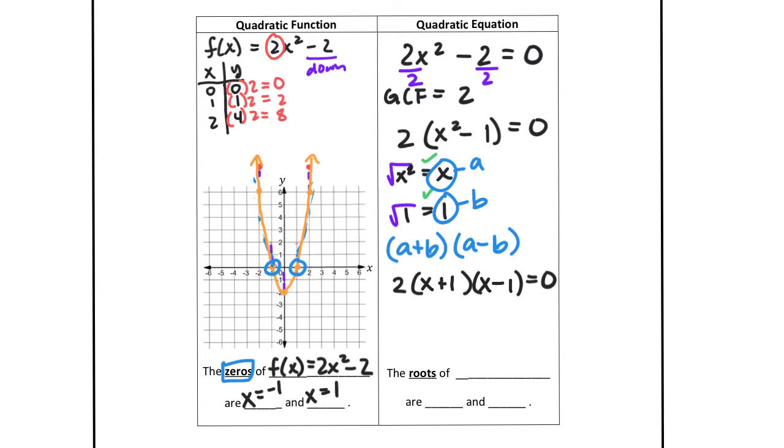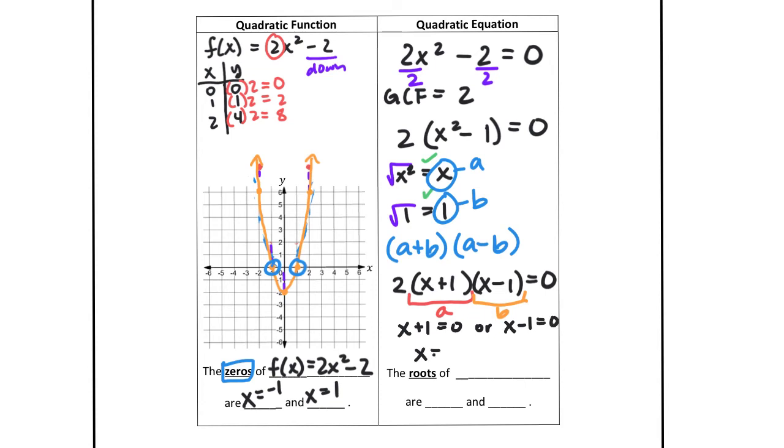Alright. And then, one of the last things we would say is, this is A, and let me use a different color here. This is B. Then if I'm multiplying 2 times something and I'm getting 0, that means that either x plus 1 is 0 or x minus 1 is 0.